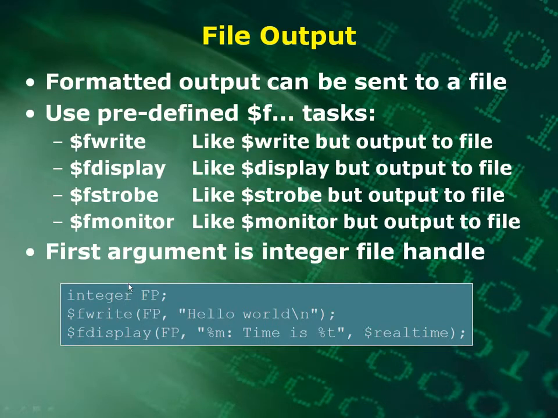The first argument for file output is an integer file handle, so you have to declare some integer and then some value for this fp, and this fp is what you will need to use for the file handle, or whatever you happen to call it. Here's the syntax: $fwrite, fp, and then whatever you would normally write. Same thing for $fdisplay.